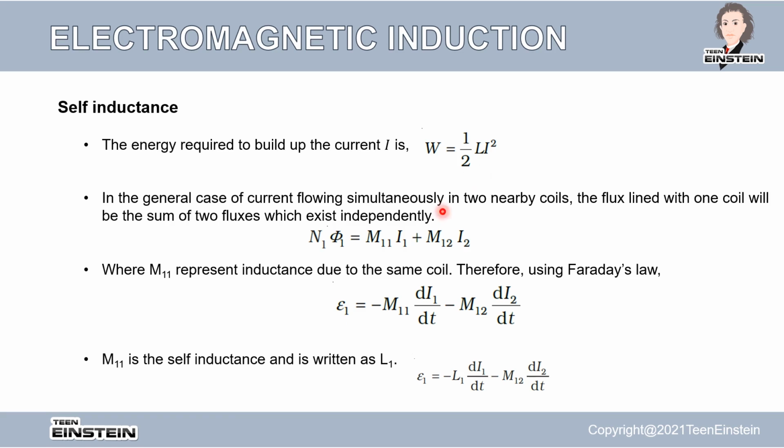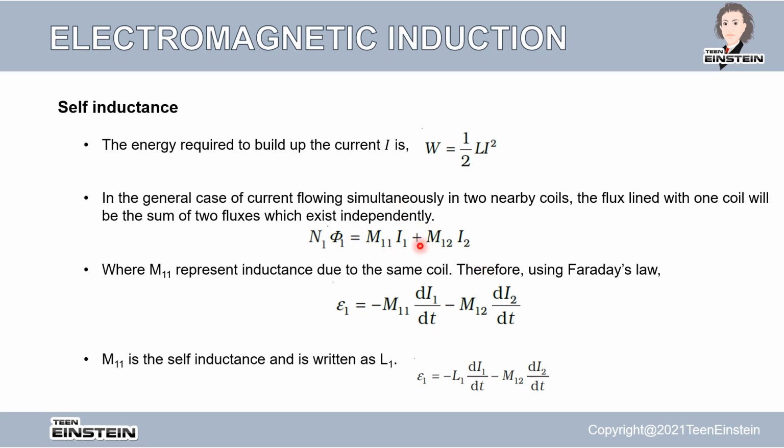So in the general case of current flowing simultaneously in two nearby coils, the flux linked with one coil will be the sum of two fluxes which exist independently. So with current flowing simultaneously in two nearby coils, you have two inductance values, M11 and M12. So there is self-inductance and there is inductance because of the other coil.